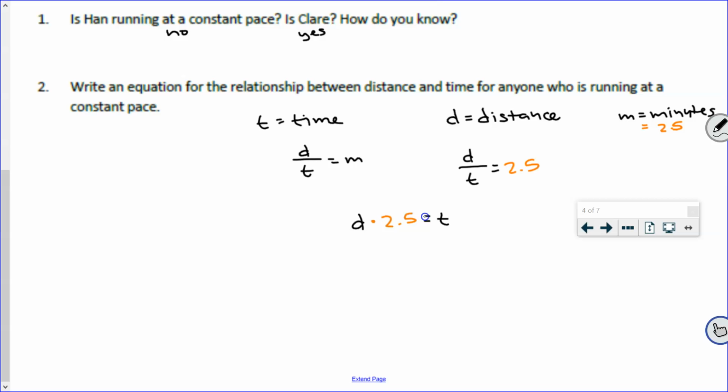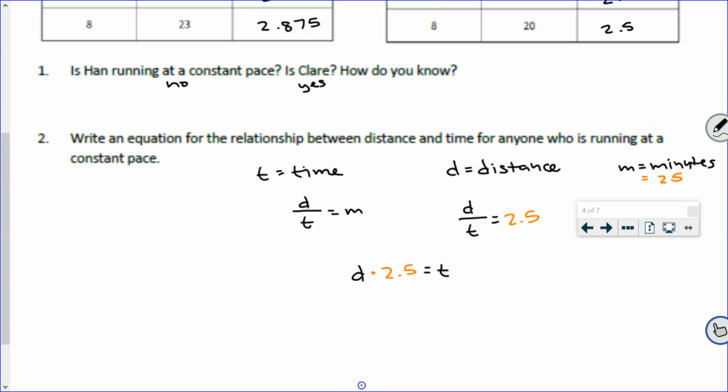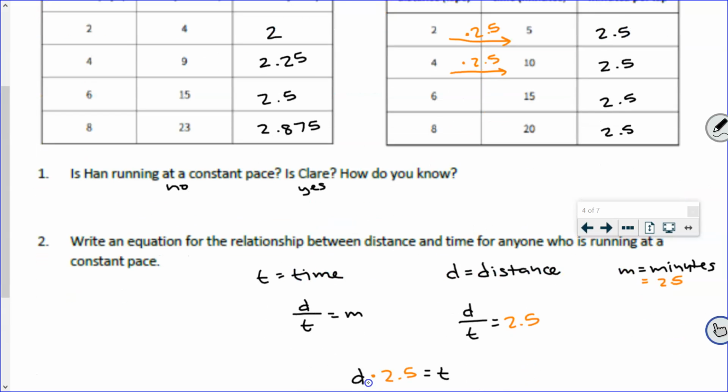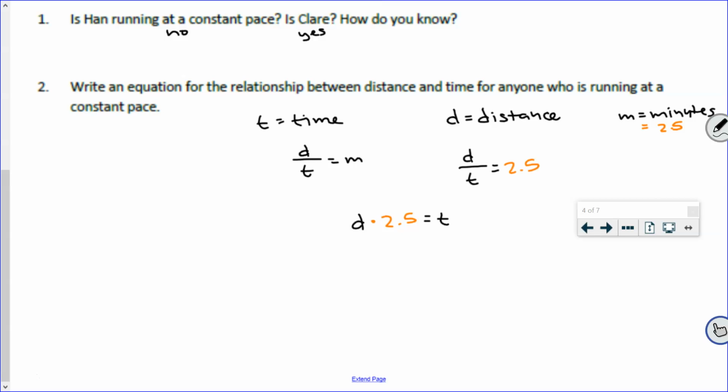Does that make sense? Okay. Is that right? D distance times 2.5 is equal to T the time. Great. Okay. So is this one wrong? No. Is it my favorite one? No. Is this one my favorite one? Yeah, I like that one better. But they're both right.